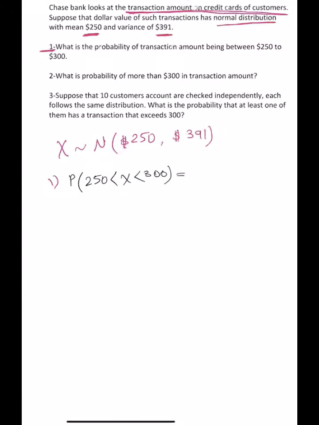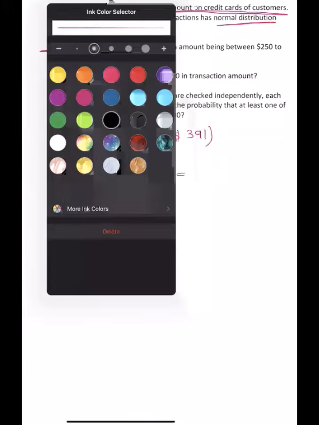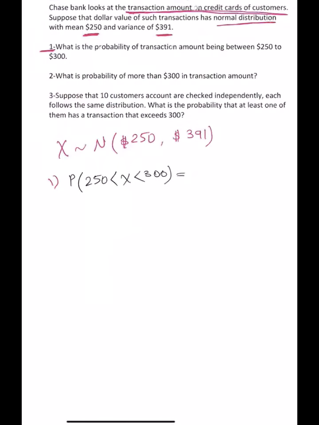So we are going to do the same thing here. For x, I have to deduct its mu, which is 250, and then divide it by its standard deviation, which is the square root of 391.